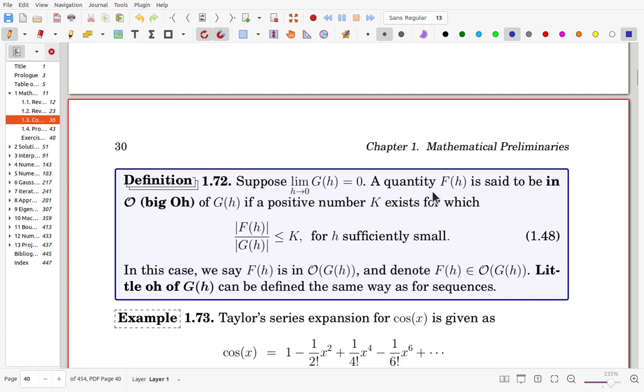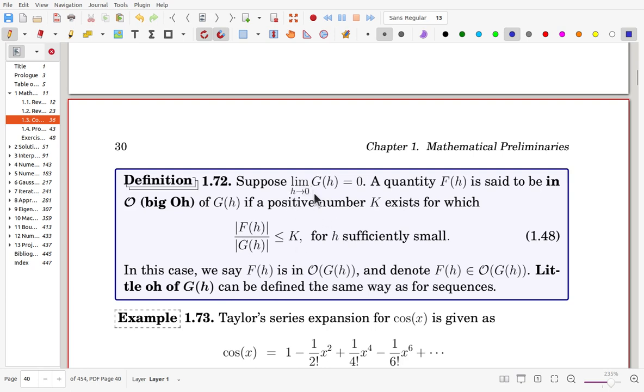Now f of h is in big O of g of h if a positive number k exists so that f of h over g of h is bounded by k for h sufficiently small.